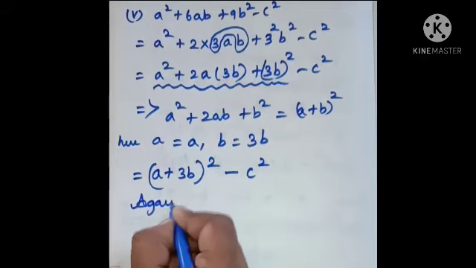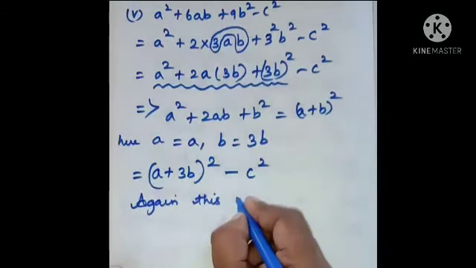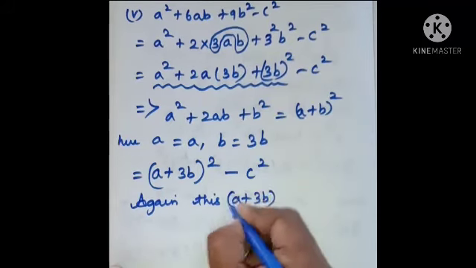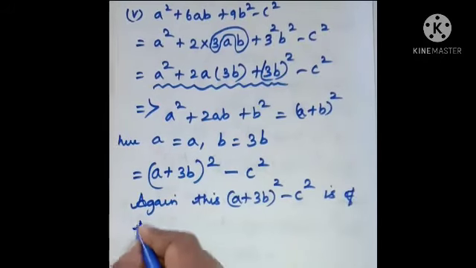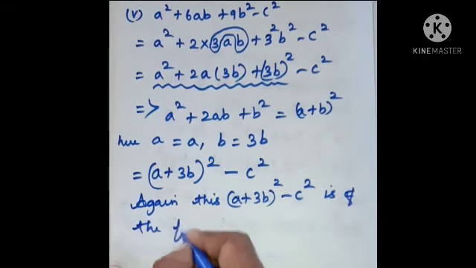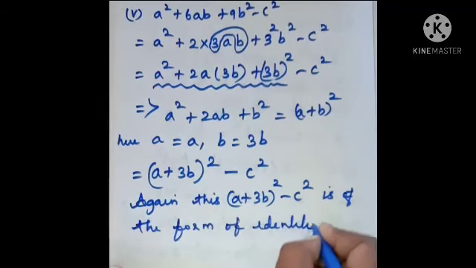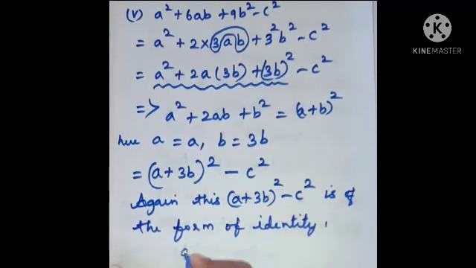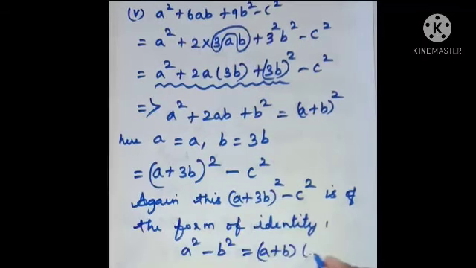Again this expression a plus 3b the whole square minus c square is of the form of identity a square minus b square, which is nothing but a plus b into a minus b.